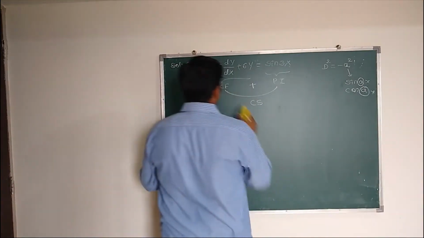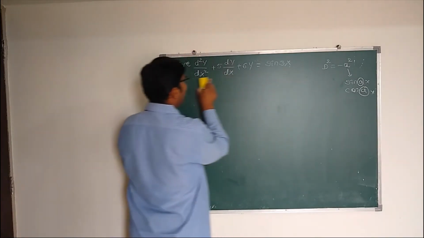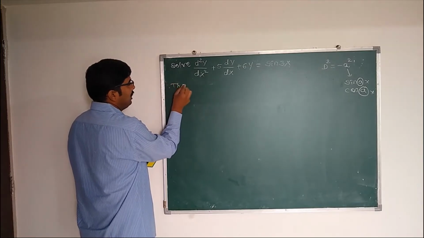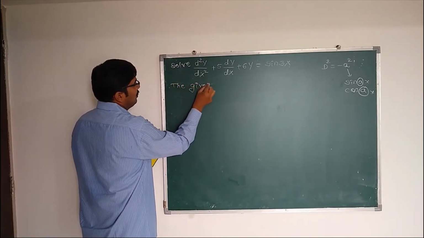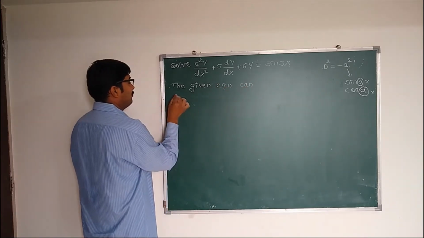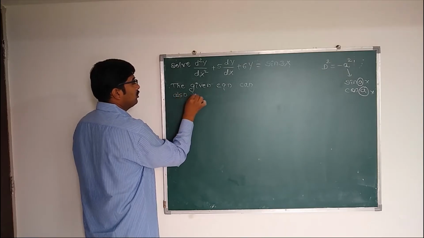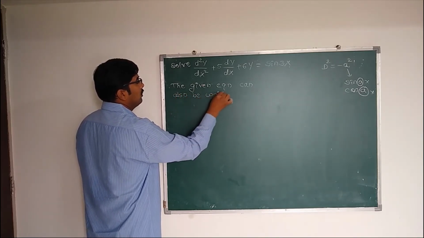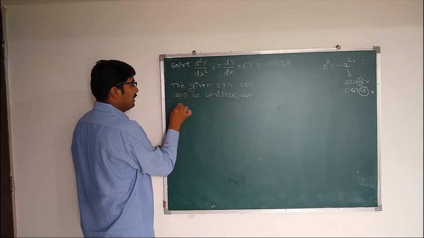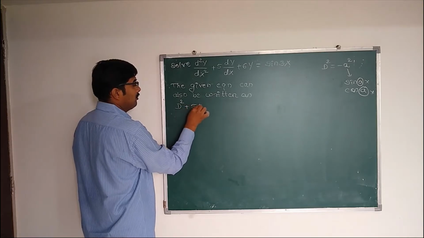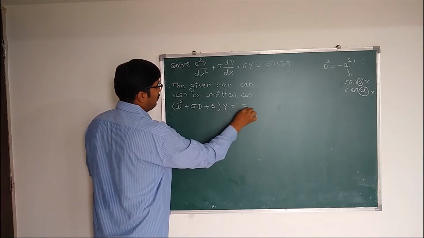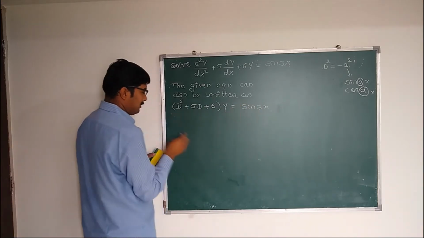So first I will solve the left hand side. The given equation can also be written as d square plus 5d plus 6 bracket complete y is equal to sin 3x.